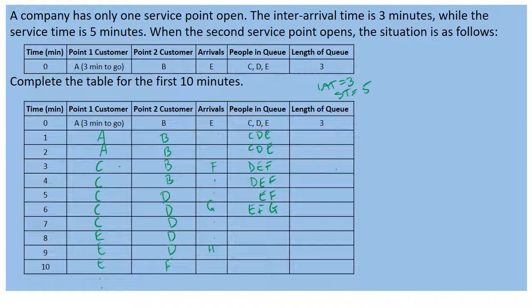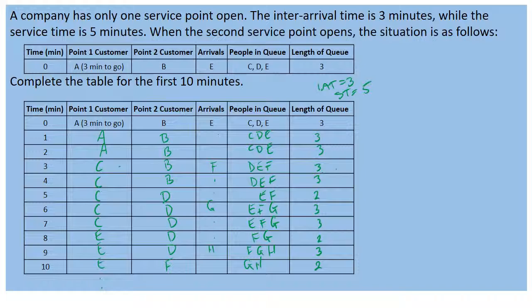Now we're going to go E, F, and G. Now E is being served, so it's F and G there. And then we're going to go F, G, and H has just turned up. Now F has just started being served, so it's G and H. Finally, the length of the queue: 3, 3, 3, 3, 2, 3, 3, 2, 3, and a 2.